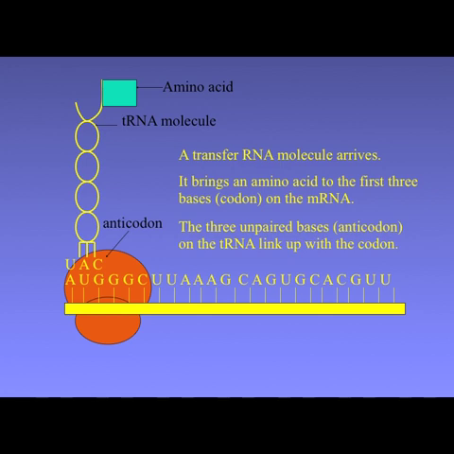No other transfer RNA could park in this place. And the amino acid, in this case symbolized by the greenish square, is the only amino acid that transfer RNA carries. The anticodon UAC matches up with AUG.